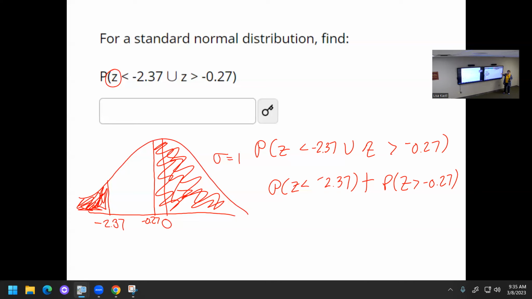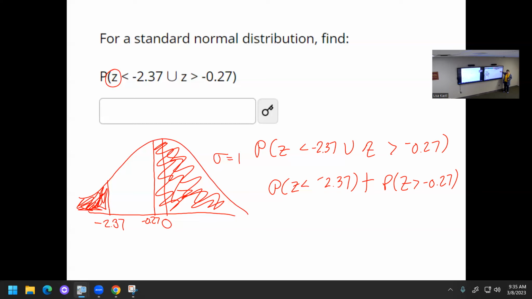So I'm now going to put the lower limit in for Z is less than negative 2.37. So the lower limit is going to be as far left as I possibly can go. So I'm going to do a really small negative number. So I'm going to put in negative 1 times 10 to the 99.